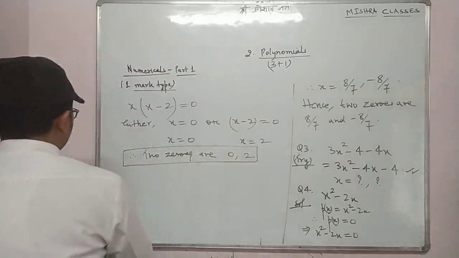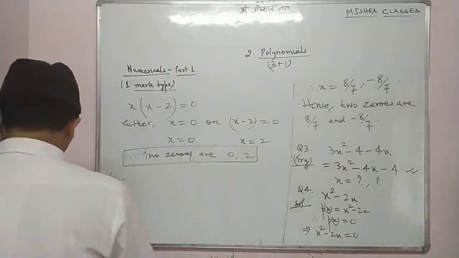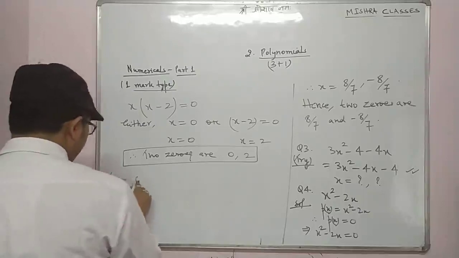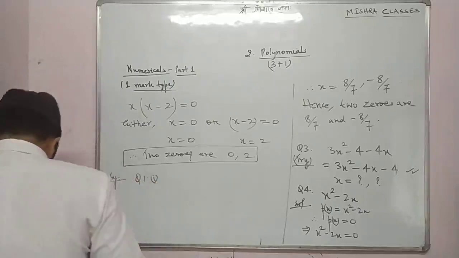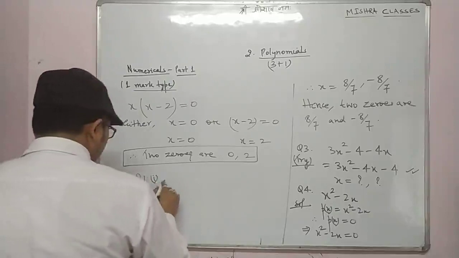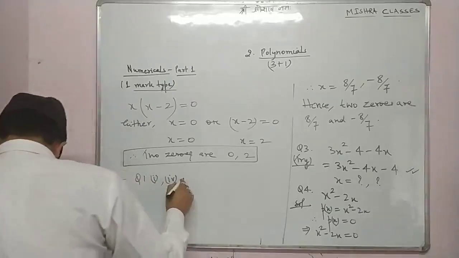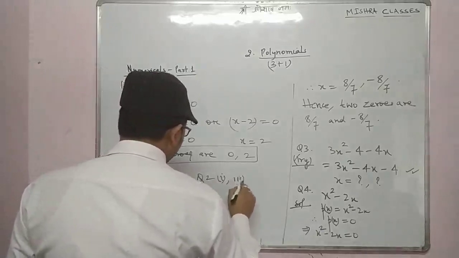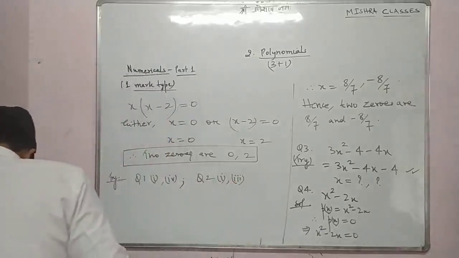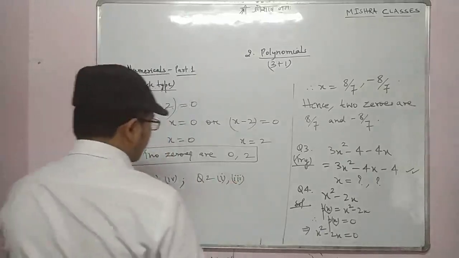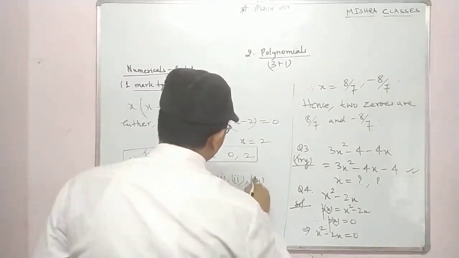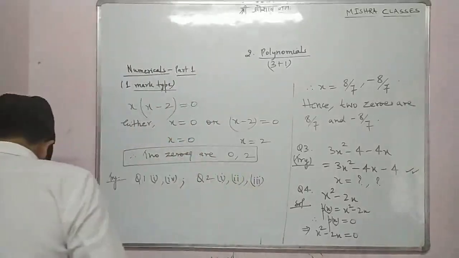Is it clear? Now we have some try questions for you. You can do question number 1, part 1, then 4, then question number 2, part 1, part 2, part 3, alright.